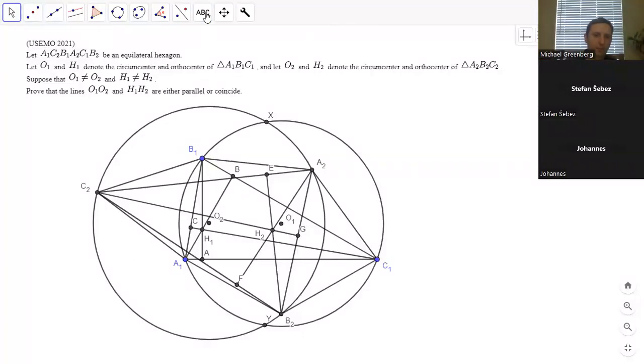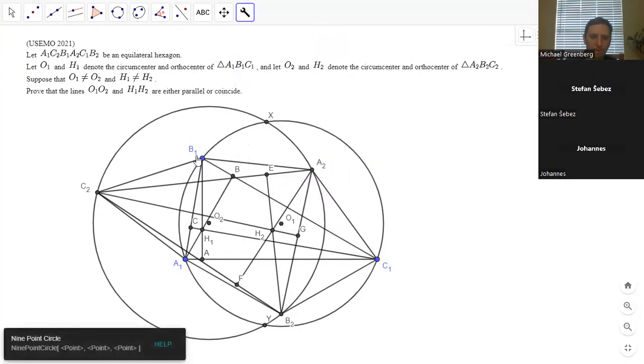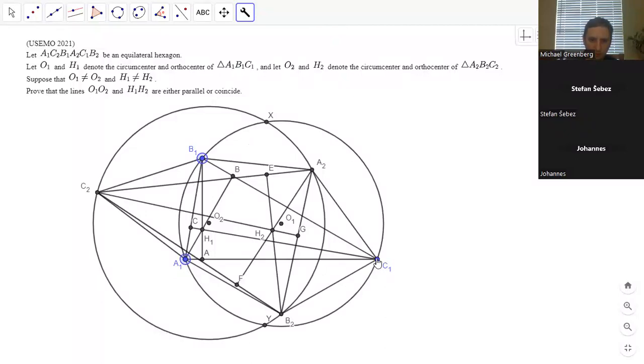circles. One nine-point circle. Yeah, it's an interesting problem.